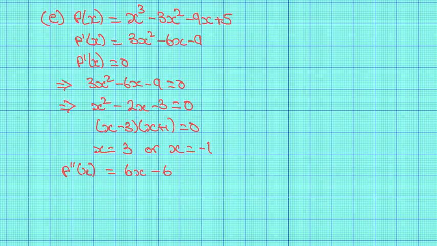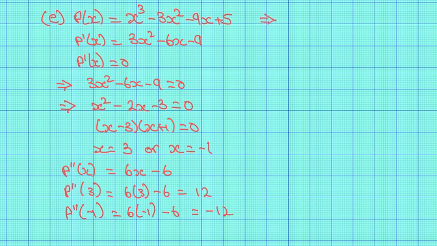And we want to find the value of the second derivative at our turning points. So f double dash 3 is equal to 6 times 3 minus 6, which is equal to 12. At minus 1, the second derivative is equal to 6 times minus 1 minus 6, which is equal to minus 12.